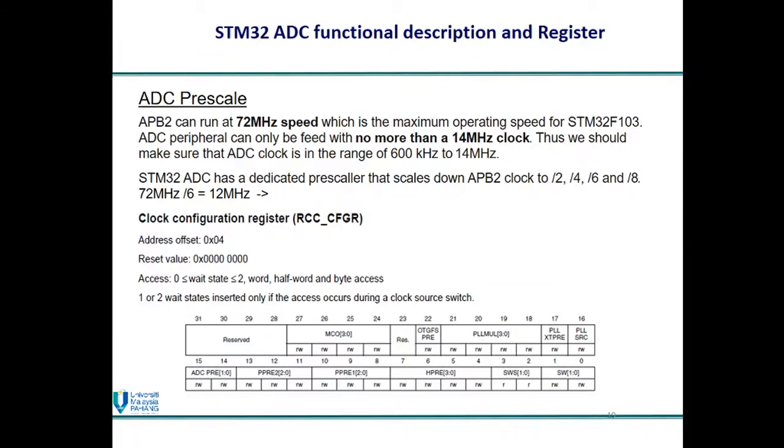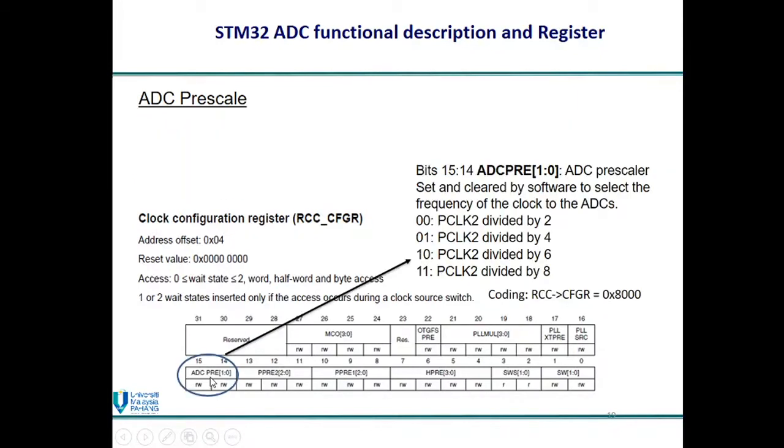If we are using divide by 6, we need to set bit 15 and clear bit 14. This means bit 15 is 1 and bit 14 is 0, because we use divide by 6.